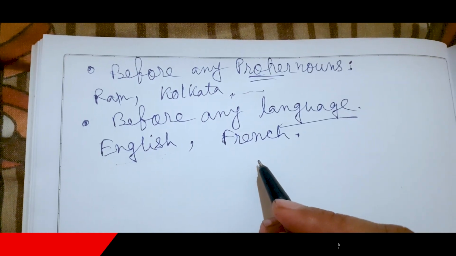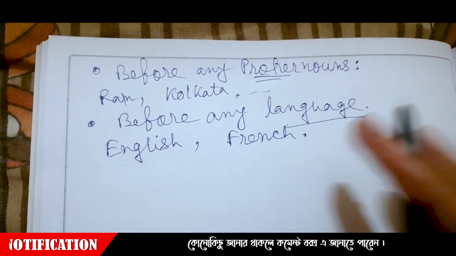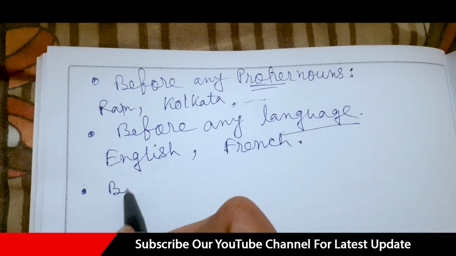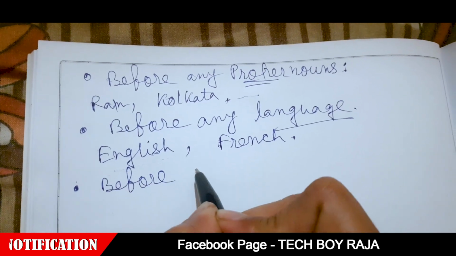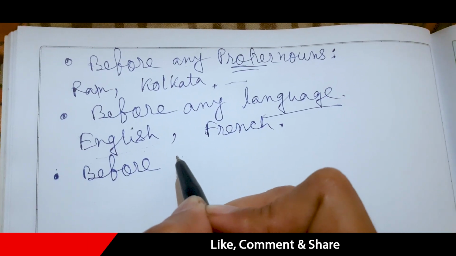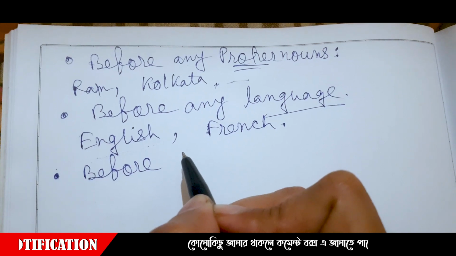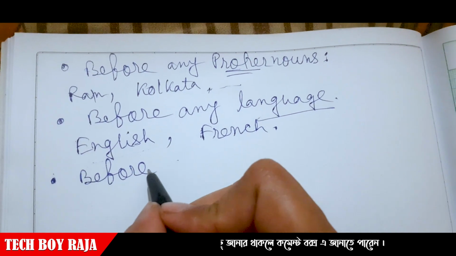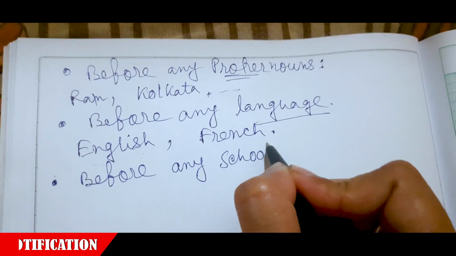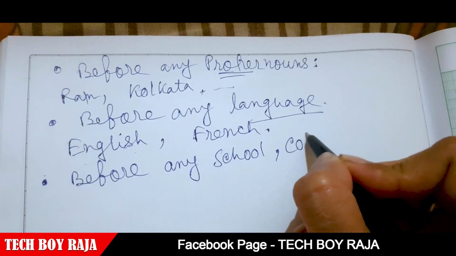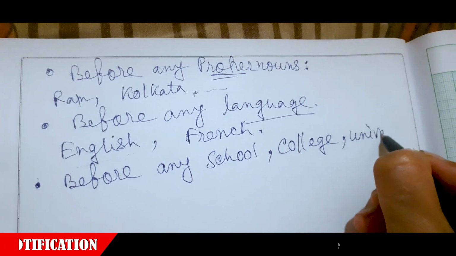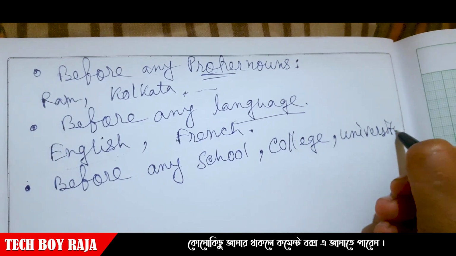French also similarly, like Punjabi, Bengali, anything. Then before any school, college, whenever you are going to particularize it, you can use "the," but whenever it is used for its primary purpose, before any school, college or university, no need to write these articles before the nouns.